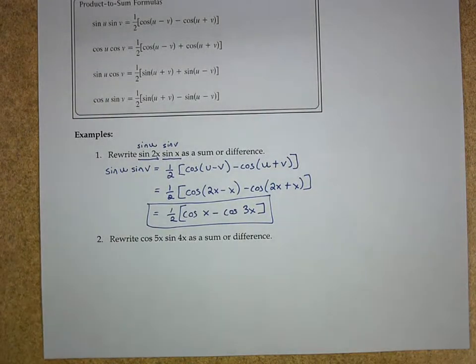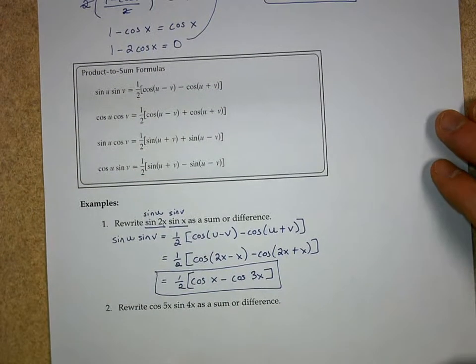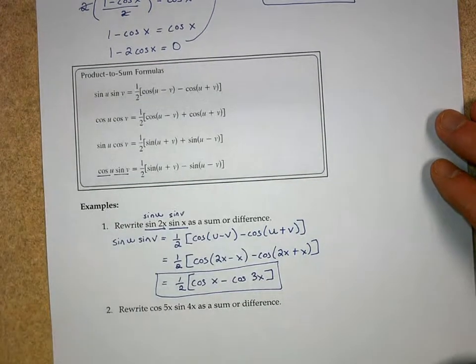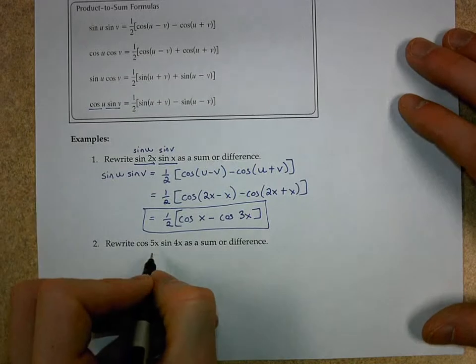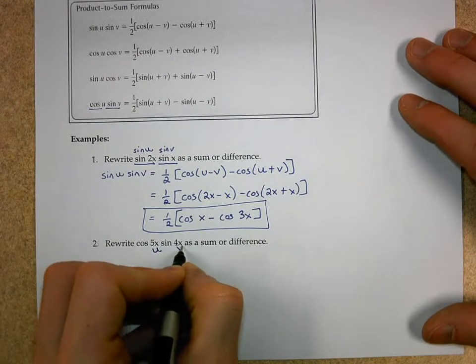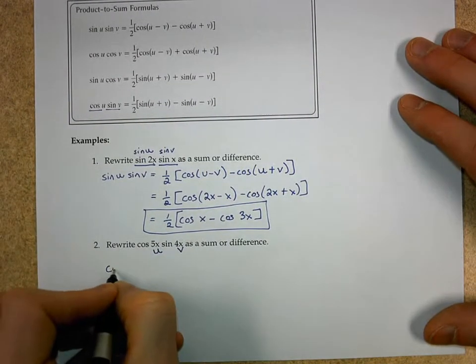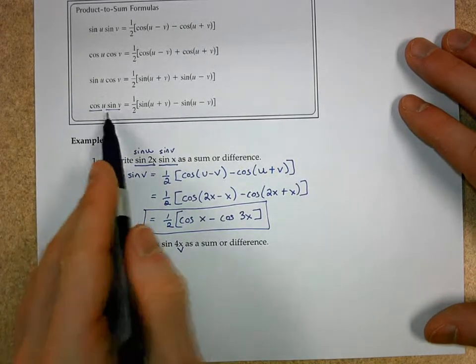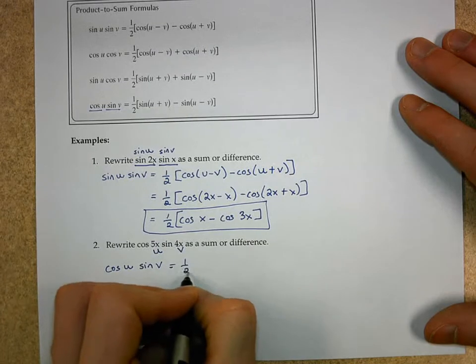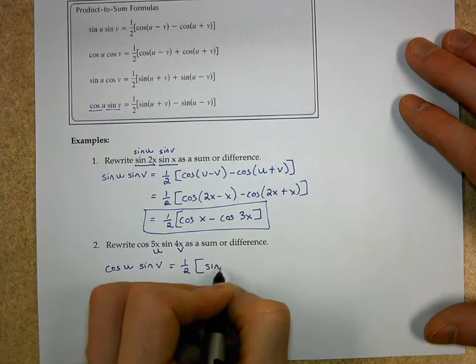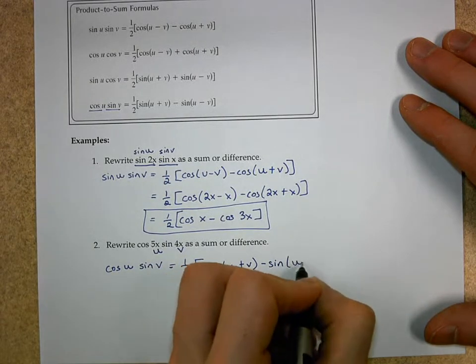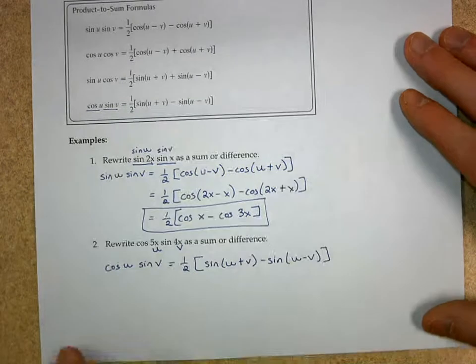So last one on this page, the cosine of 5x and the sine of 4x as a sum or difference. I'm going to look at the one that's cosine and then sine, which we have right here. Cosine and then sine. So u is going to be the 5x and v is going to be the 4x. So the cosine of u, sine of v, and I've got to have those in the correct order, is 1/2 sine of u plus v minus the sine of u minus v.